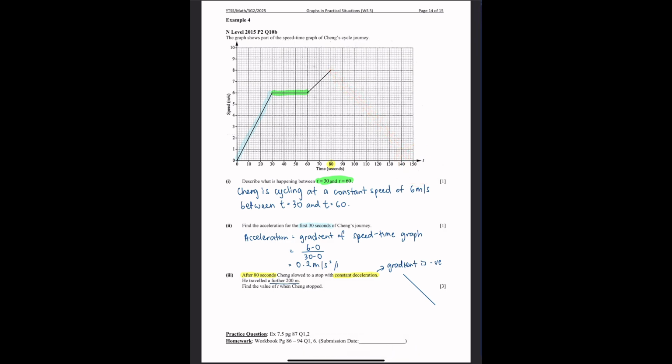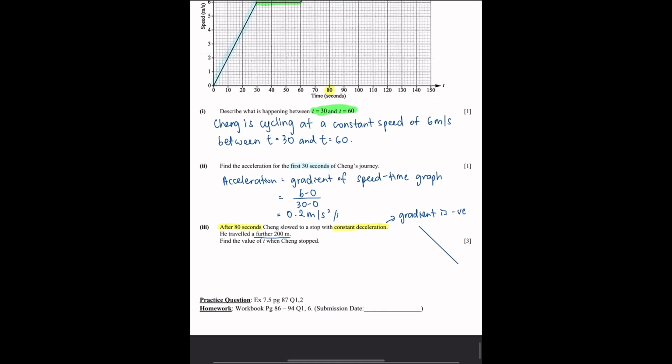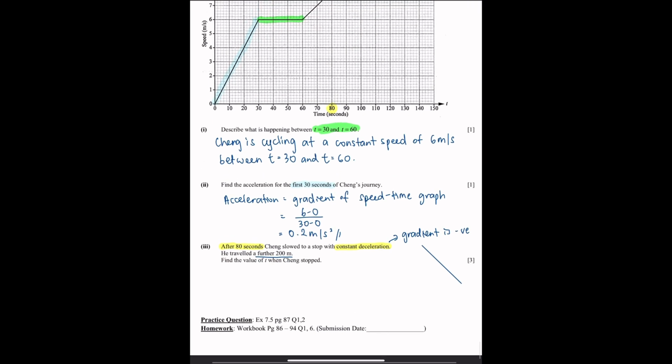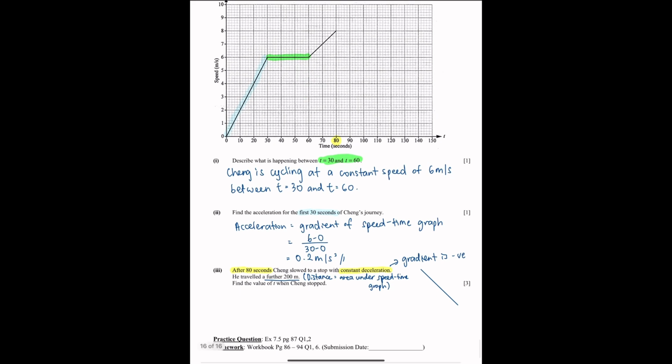Traveled a further 200 meters, find the value of t when Cheng stopped. I'm given distance, so do note distance is area under speed time graph. I already drew a downward sloping line here. Referring to the graph, I know that I need to continue from here.